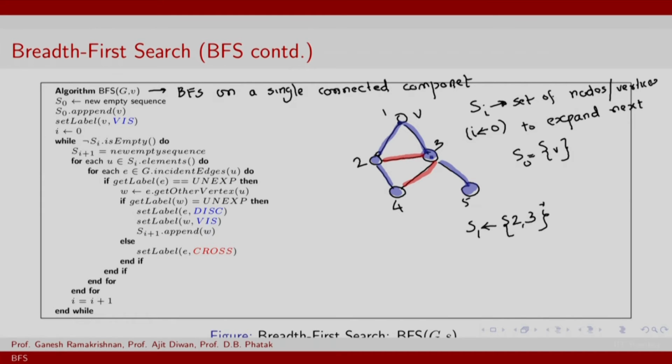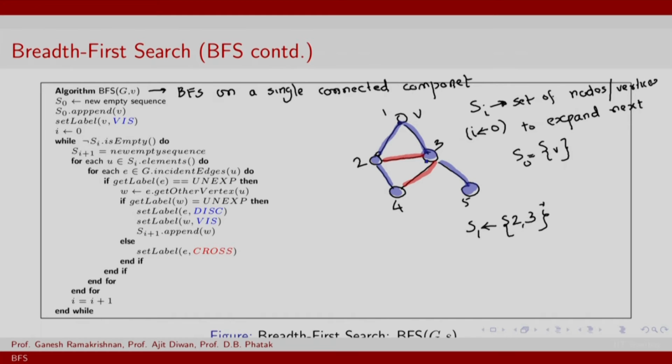So note that we have slightly different names for visited nodes and discovered edges, because edges that are not discovered, when they get discovered, they lead to visited nodes, but they can also lead to nodes that were visited earlier. So the idea of a blue discovery edge is that which leads to a as yet undiscovered node, whereas the meaning of a red or a cross edge is that it leads to an already discovered node.